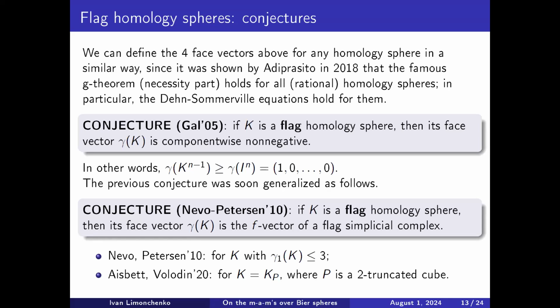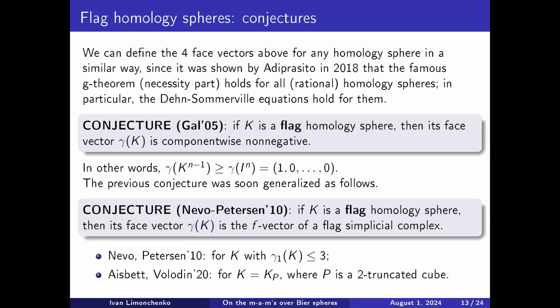And the more general Nevo-Petersen conjecture, stated in 2010, is that for any flag homology sphere, gamma of K is not only component-wise non-negative, but also it's a face vector of a flag simplicial complex. So it should be non-negative.